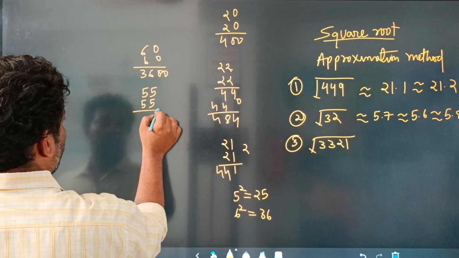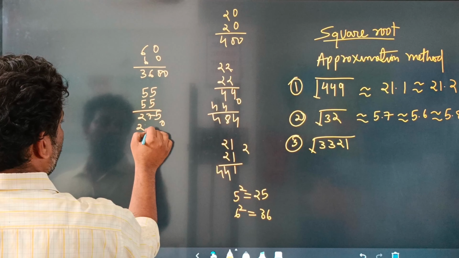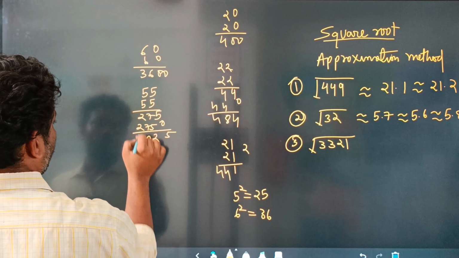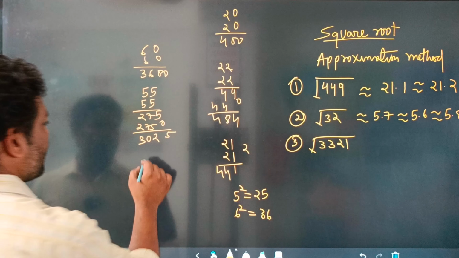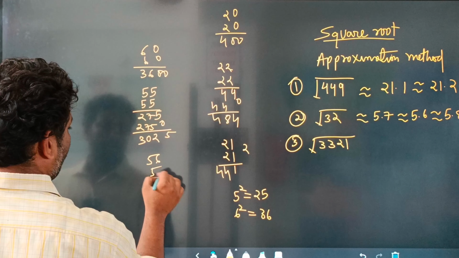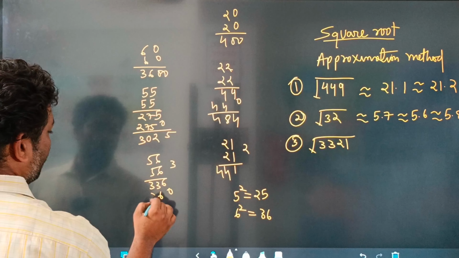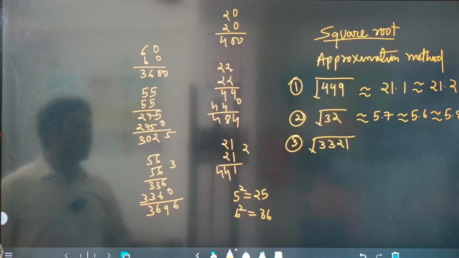55 times 55 is 3025, a little bigger number than this. Let me try it with 56. 56 times 56 is 3696.